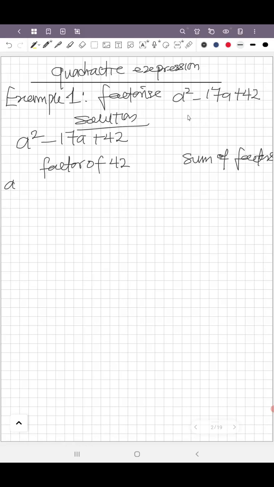When you multiply the factors together, it will be positive. That is the first thing. So this is plus 42.